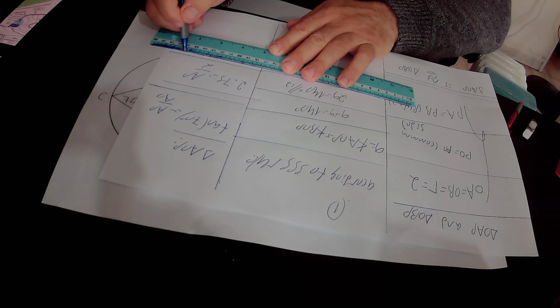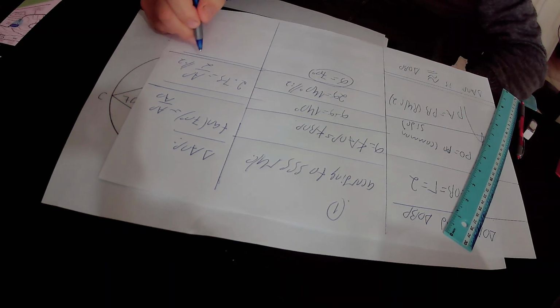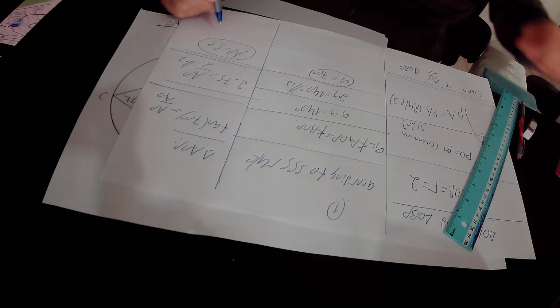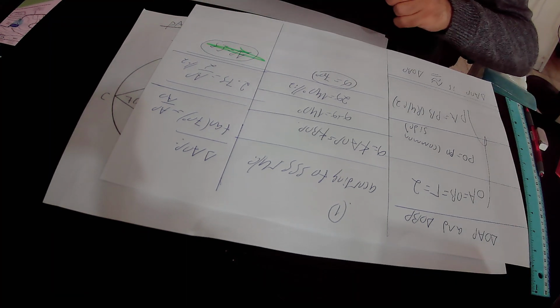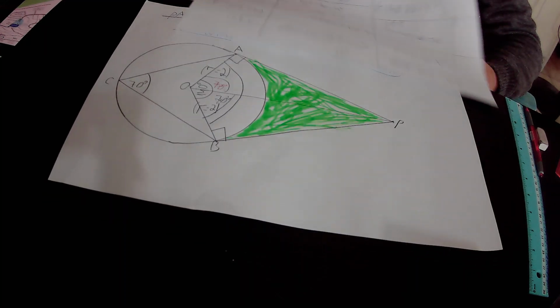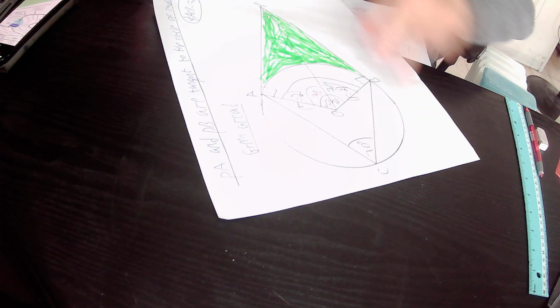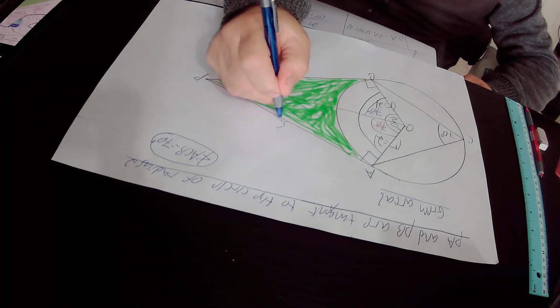Here we will multiply this equation by 2, and we get that the missing side AP equals 2 times 2.75, which is 5.5. So the length of the missing side AP is 5.5. I write it down: AP equals 5.5 units in length.